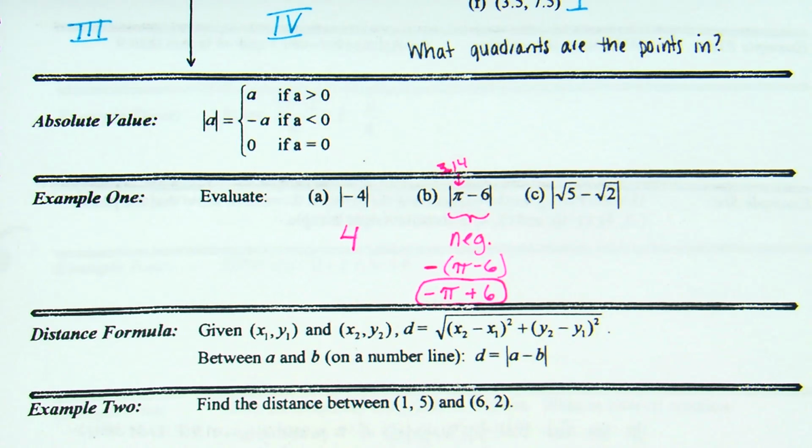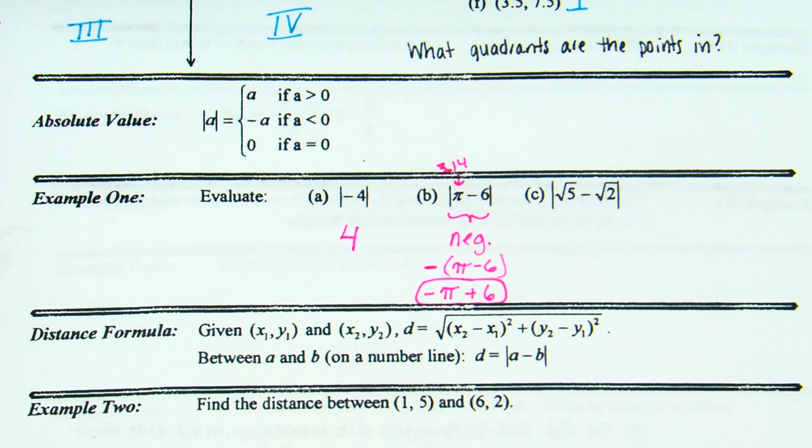What do you know about square root of 5 minus square root of 2? Is it going to be positive or negative? Positive. And we know that because square root of 5 is bigger than square root of 2, right? So square root of 5 minus square root of 2 is going to be positive.